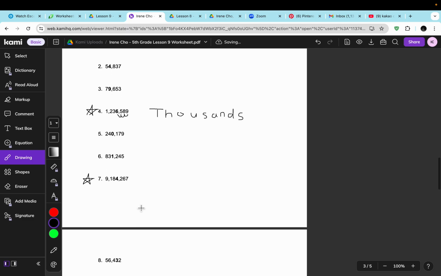I'll do another one. For number 7, the number is 9,184,267. So we go from 7, ones, tens, hundreds, and thousands. So the 4 is in the thousands place, just like question number 4.